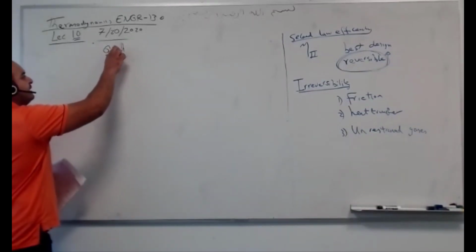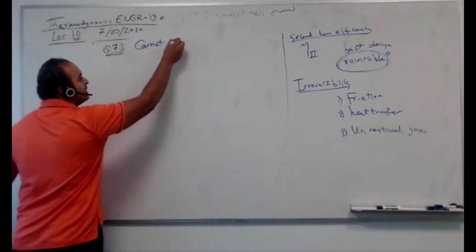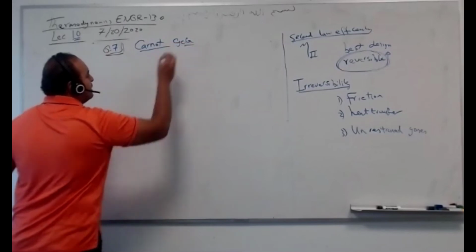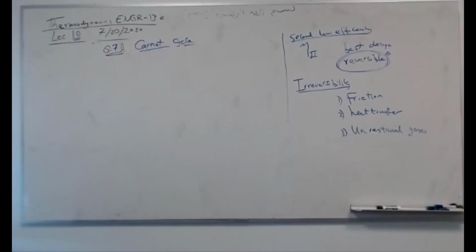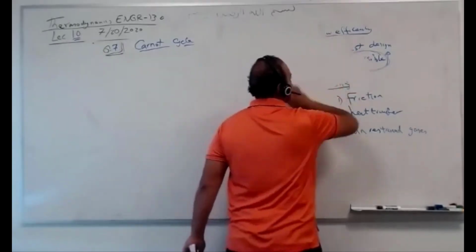6.7 is a very important section. It's called the Carnot cycle. The Carnot cycle is the first cycle in life. It's a very ideal cycle, and the most important one, because it is the upper limit of maximum efficiency.